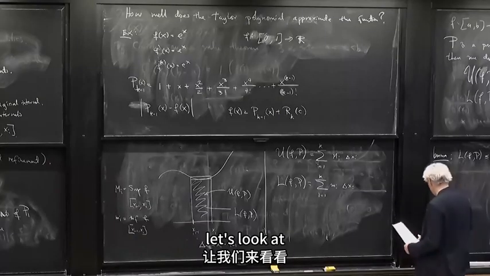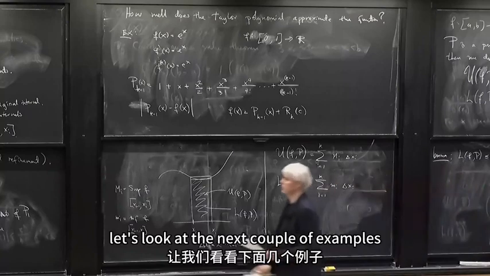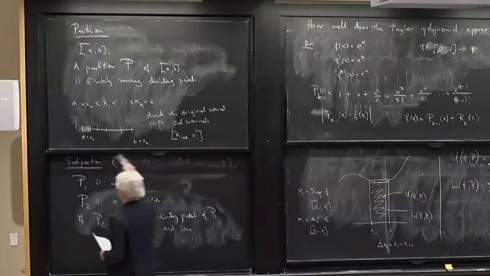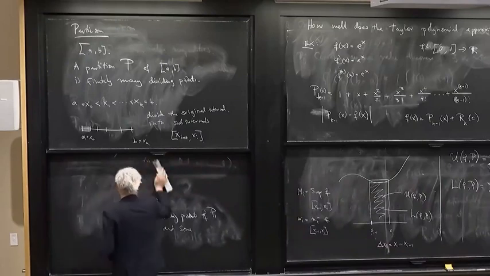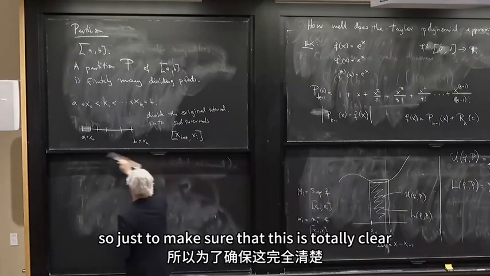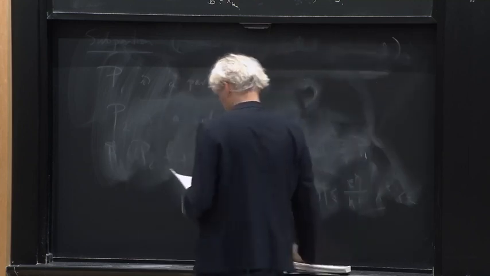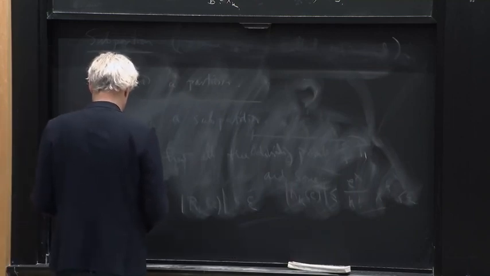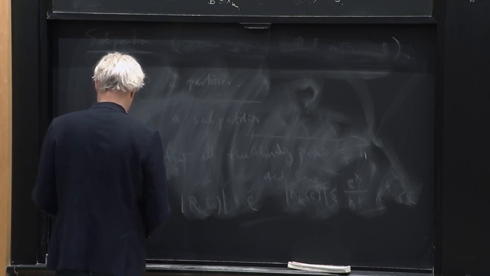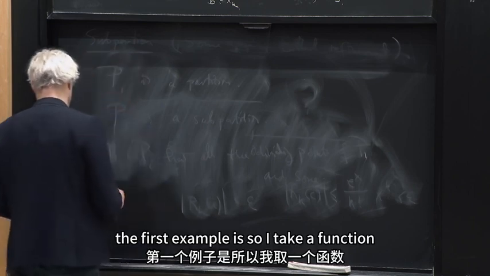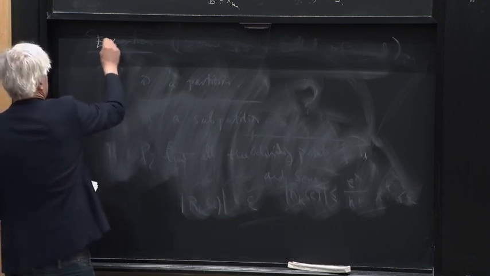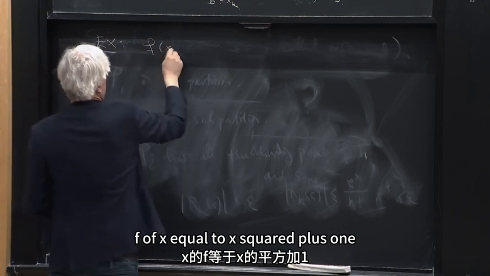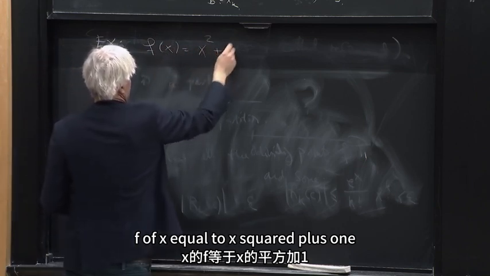Let's look at a couple of examples, just to make sure that this is totally clear. The first example: I take a function f(x) equal to x squared plus 1.